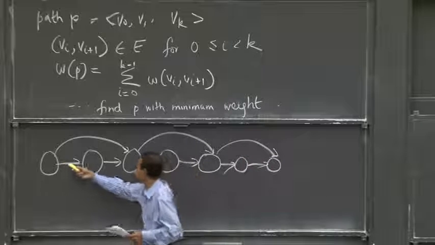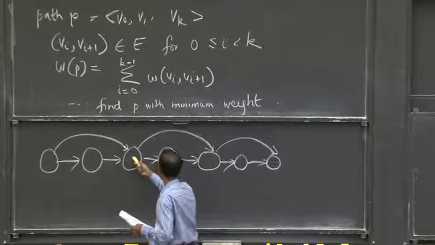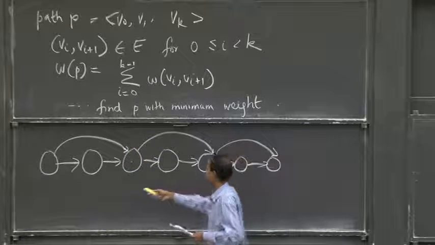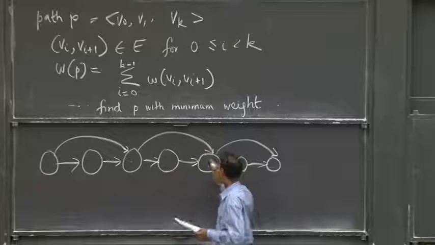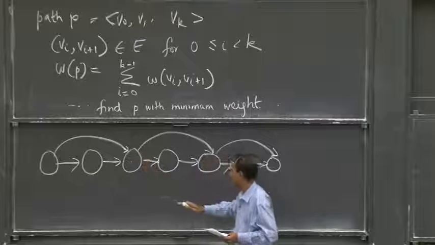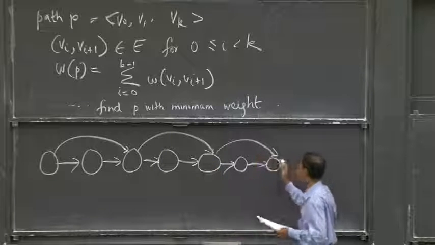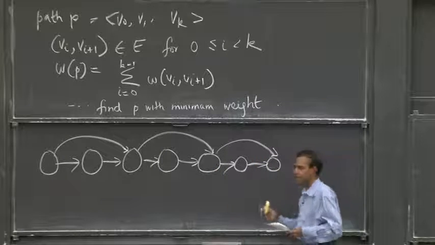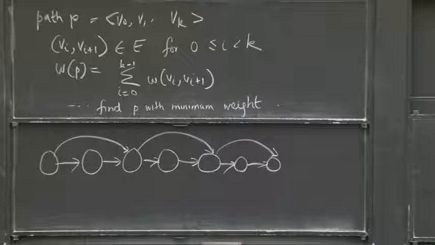Well, you could have the path that goes all the way here, but you could have the path that goes on top and all the way this way. You have basically two choices on getting to this vertex. Then, given the two ways of getting to this vertex, you've got 4 ways of getting here, and then 8 ways of getting there, and so on and so forth. So there's potentially an exponential number of paths.